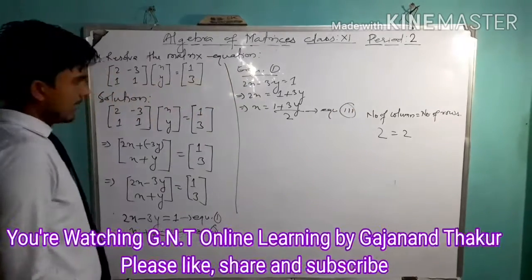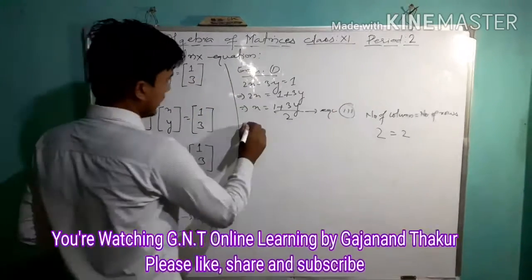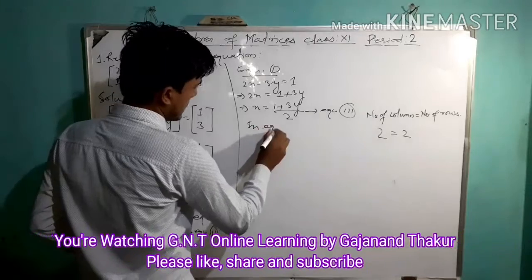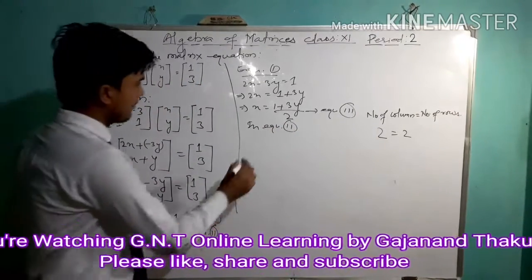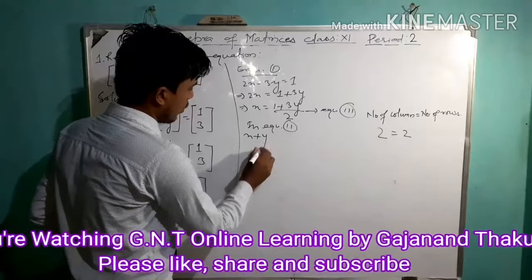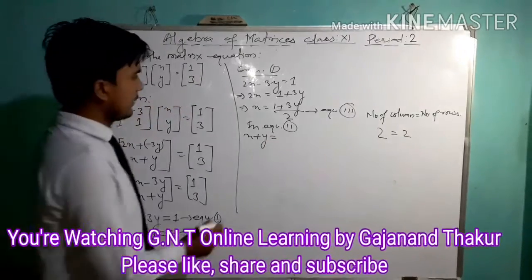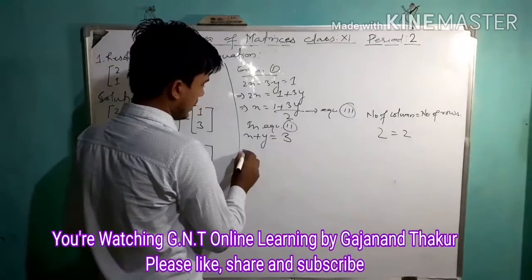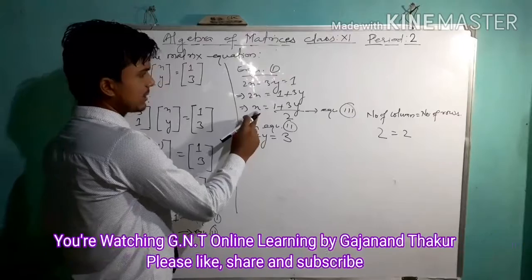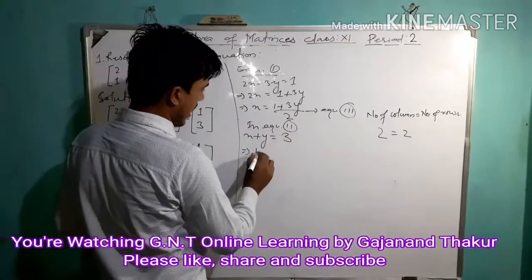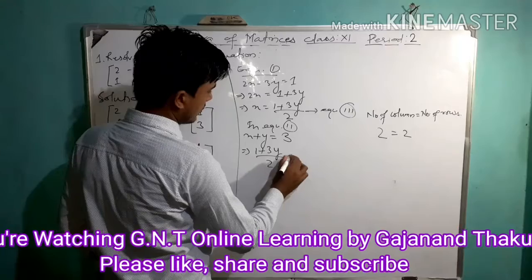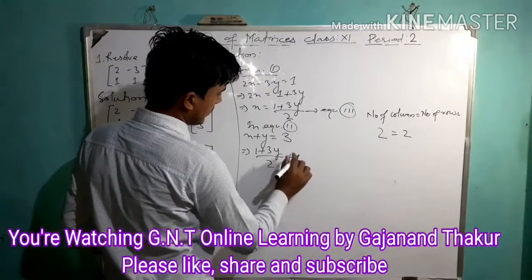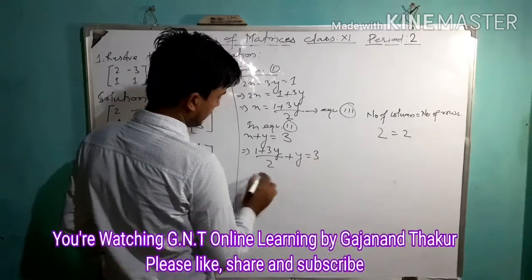Now in equation 2, we have x plus y equals 3. Here we have the x value equals (1 plus 3y) by 2, then plus y equals 3.